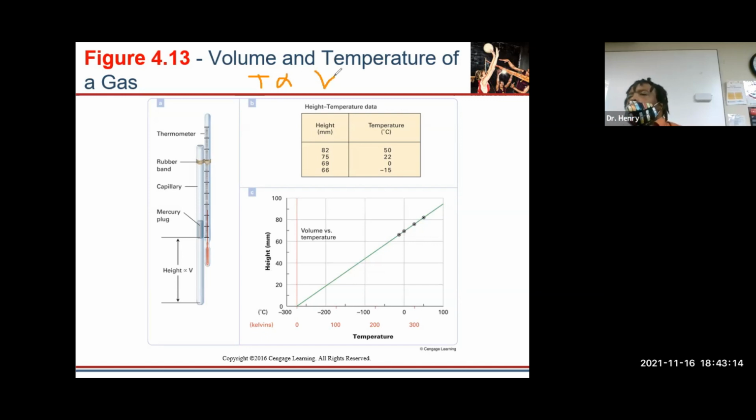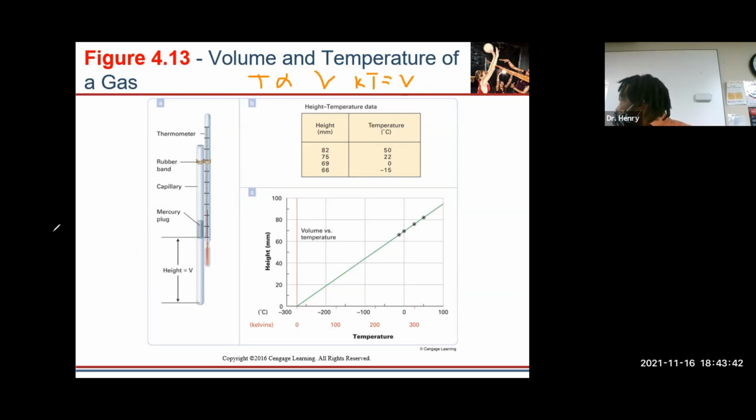So he basically said, well, you know, we could make this equal to each other by making temperature times a constant equal to volume. Okay. So what is a constant? Stays the same.